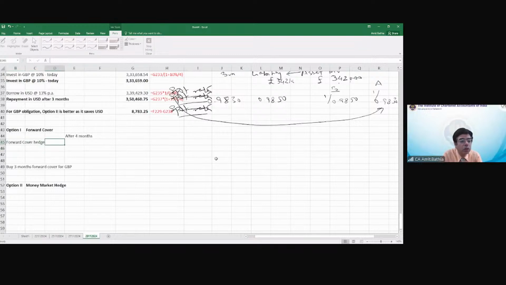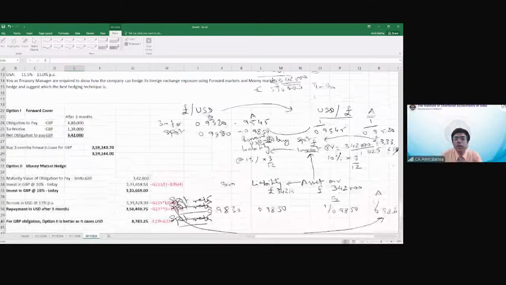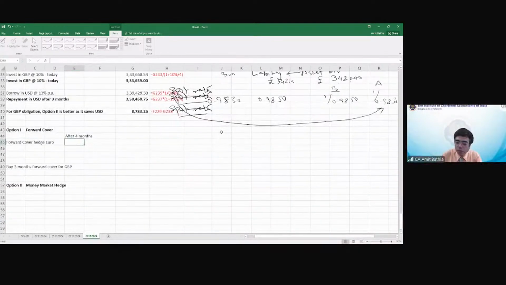For euro, 590,000. This is a receivable, remember?